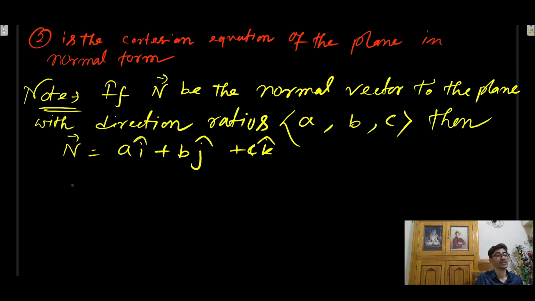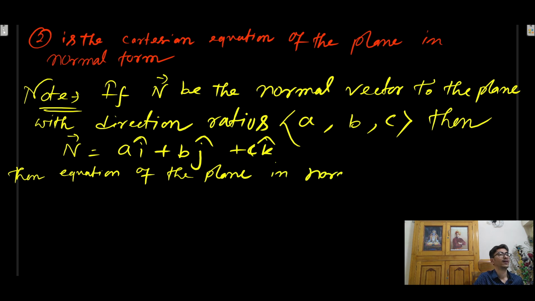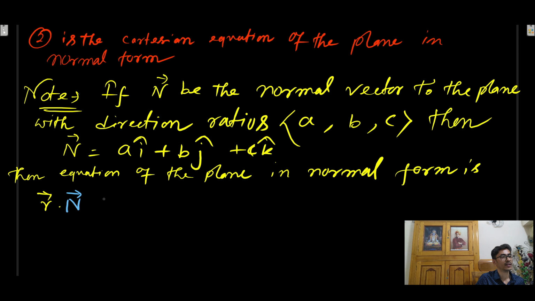Then the equation of the plane in normal form is r vector dot n vector equal to d. d is nothing but the distance of the plane from the origin.